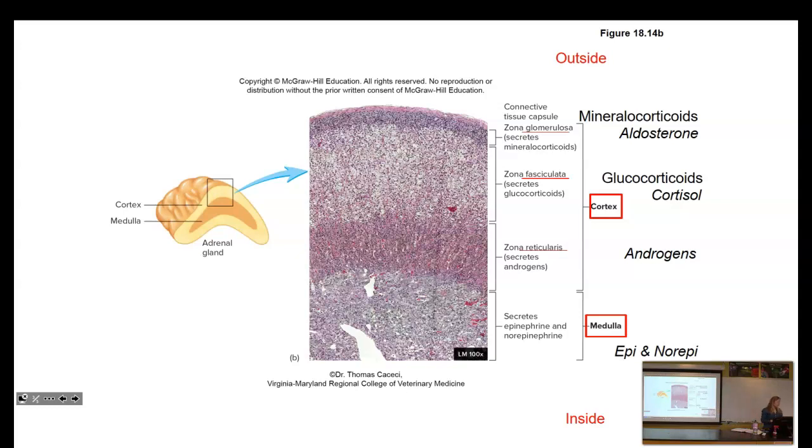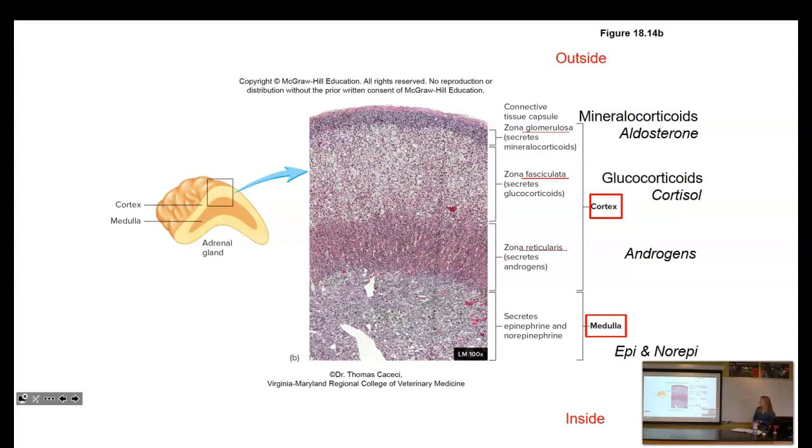And there are three layers of the adrenal cortex that we have to get through. So we have the zona glomerulosa, the zona fasciculata, and the zona reticularis. Isn't this fun? So the thing to keep in mind here is what's coming out of each of those. Okay? So the outermost layer, the zona glomerulosa, is secreting what are called mineralocorticoids.